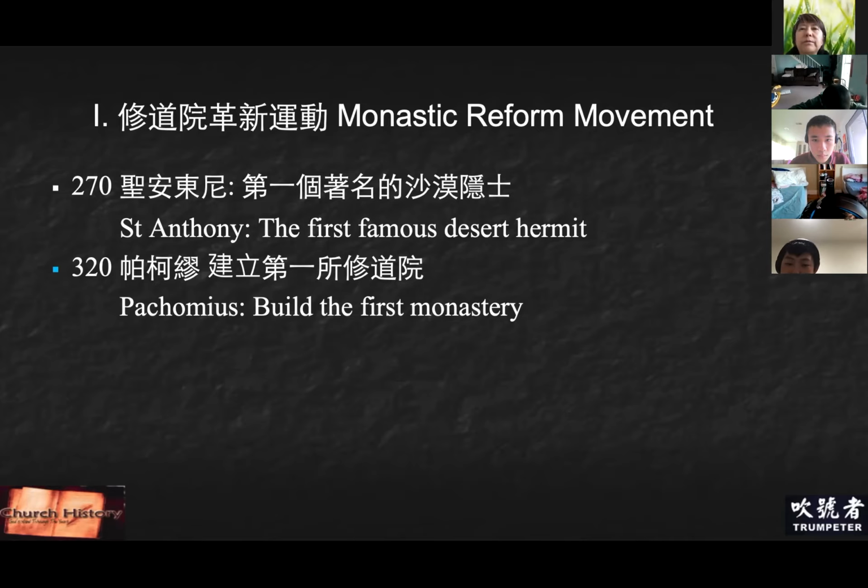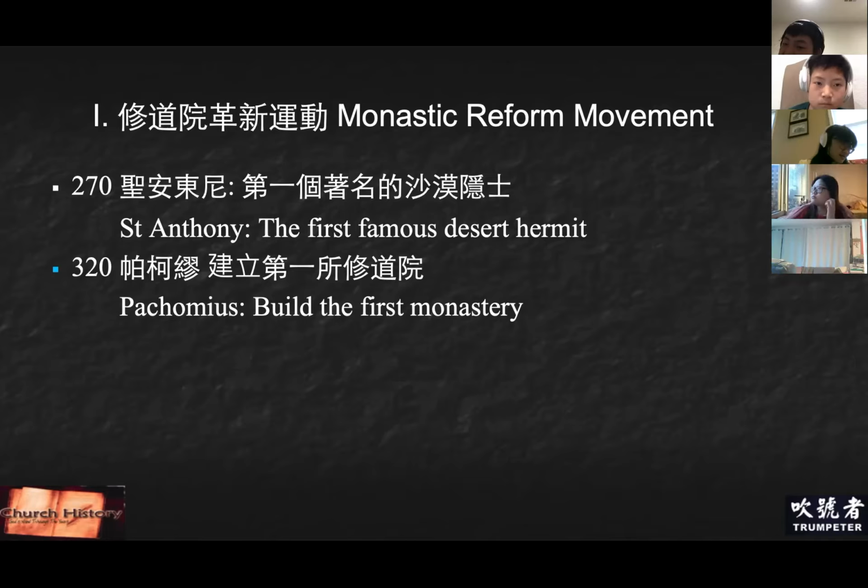Who knows? Fiona, who made this rule for monasteries? Eileen, do you remember?